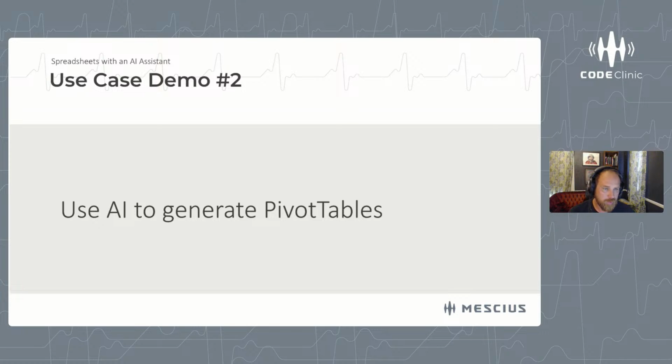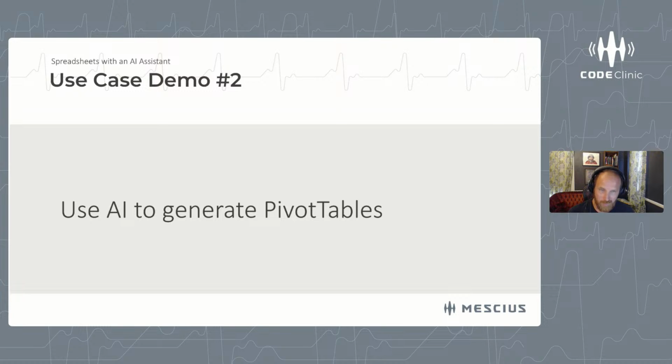Full disclosure, this is my favorite topic. Pivot tables are by far my favorite Excel feature. I think they give end users a tool to basically build any report and get answers to any questions about data they want without needing to involve me, the developer.